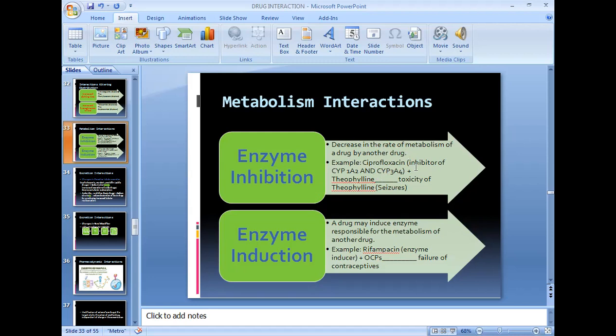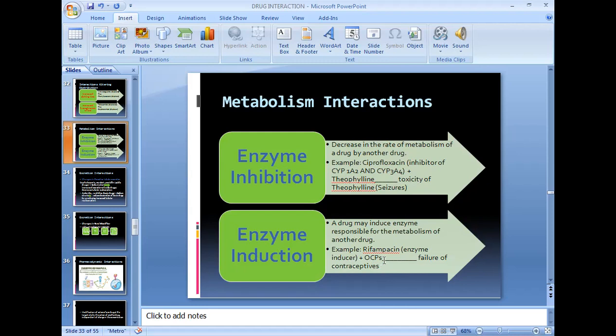Like ciprofloxacin, which is an inhibitor of the enzymes responsible for metabolism of theophylline, that includes cytochrome 1A2 and cytochrome 3A4, due to which decreased metabolism of theophylline results and shows its toxicity, which may include seizures. Now, enzyme induction may occur with enzyme inducer drugs like rifampin when taken with oral contraceptive.